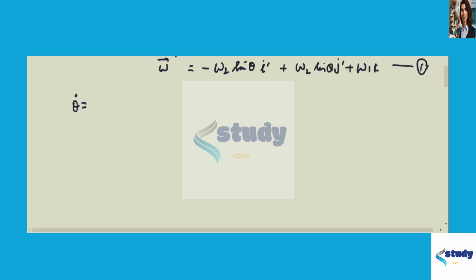Omega 1 is defined as the rate of change of angular displacement, d theta upon dt. So theta dot is equal to omega 1, and omega 1 and omega 2 are constant.